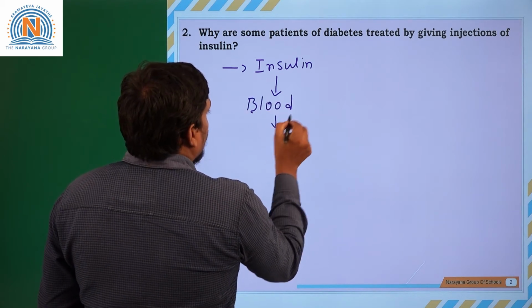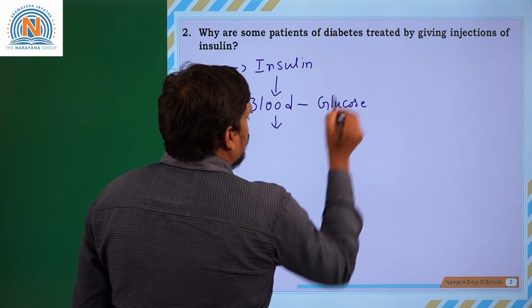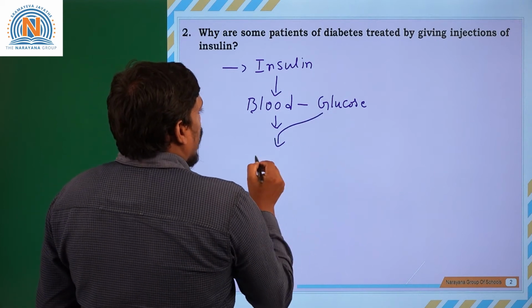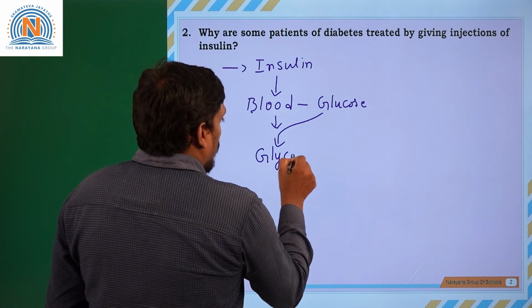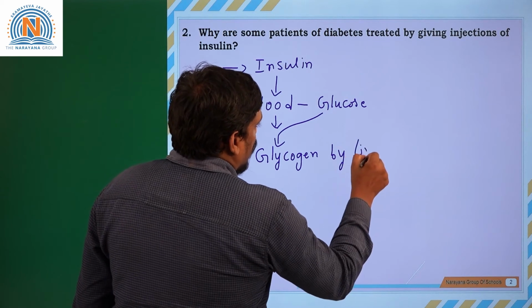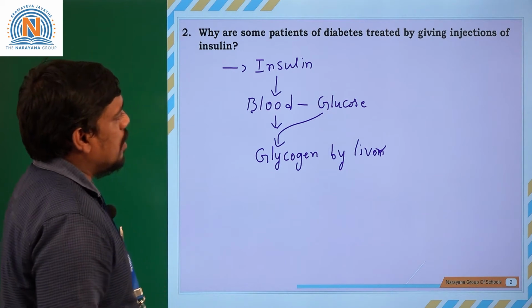In the blood, insulin reacts with the glucose, which is finally converted into glycogen by the liver.